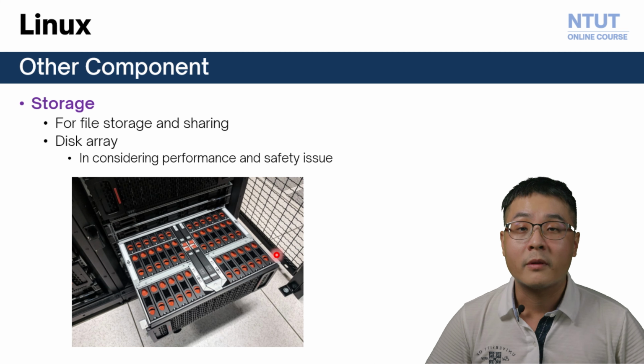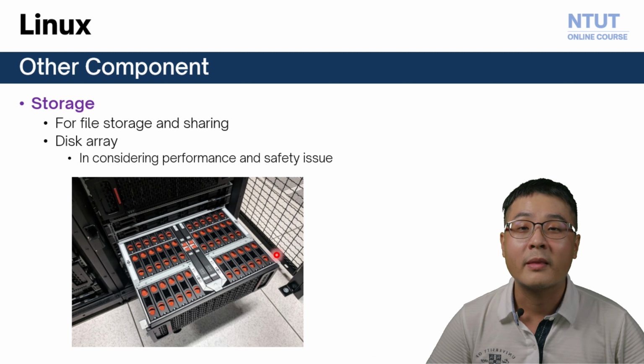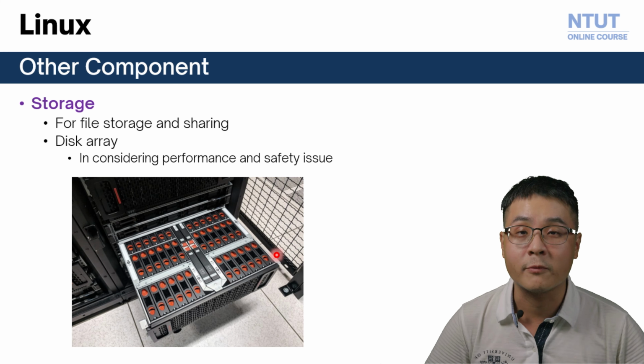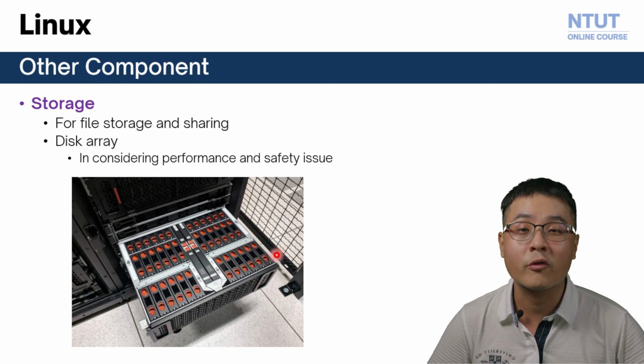And if part of it is broken, you can still get data from the remaining disks. So the safety of your data would be ensured. So here are the hardware and structure of a computer cluster.